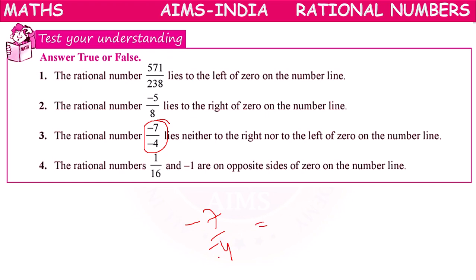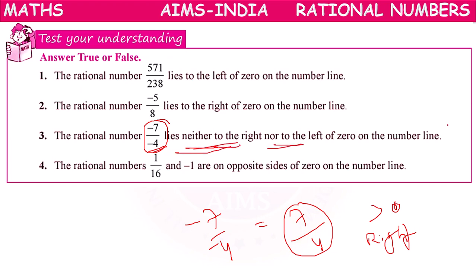if the numerator and denominator have like signs, either both plus or both minus, the number is positive. Positive means greater than 0. Greater than 0 means the right side of the number line. So it will be located on the right side of the number line. But they have said neither to the right nor to the left.